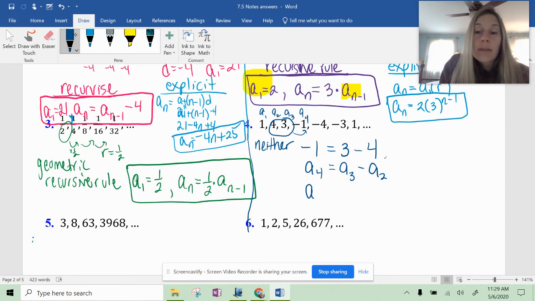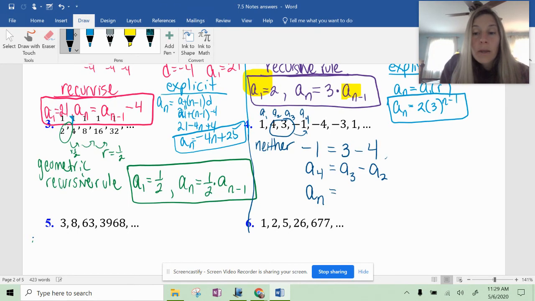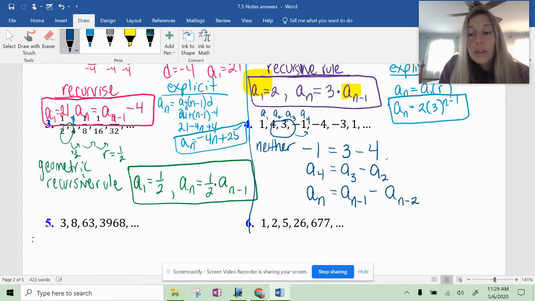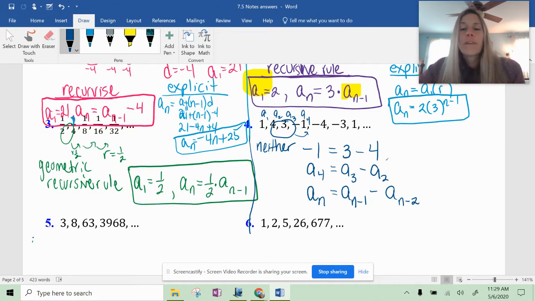So if this a sub 4 is an n, my 3 would be n minus 1, and my a sub 2 would be n minus 2. You can figure that out mathematically, like 4 minus 1 is 3, 4 minus 2 is 2, or I just say, well, the 3 is 1 before the 4 in the pattern, and the a sub 2 is 2 before the 4, and that's how I know I'm subtracting 1 or 2.